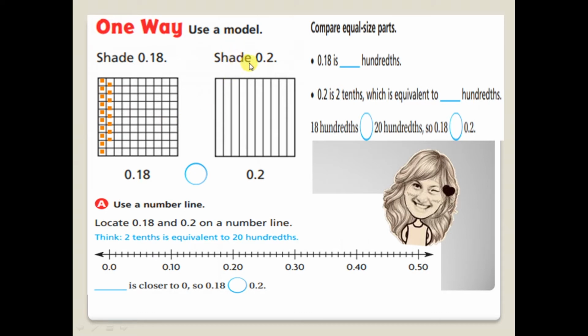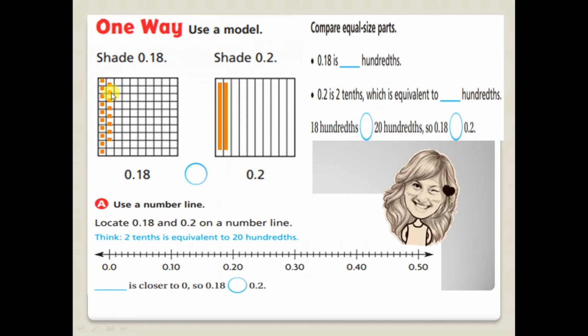Let's shade 0.2. The 2 here is in the tenths place. This means 2 tenths, or 2 lines. So look with me here. We have 2 whole lines here, but here I have 1 line and part of another.